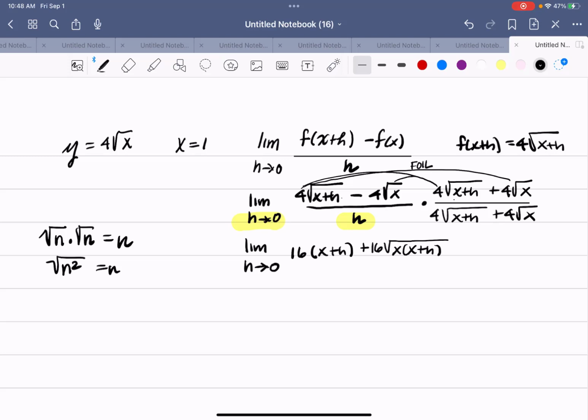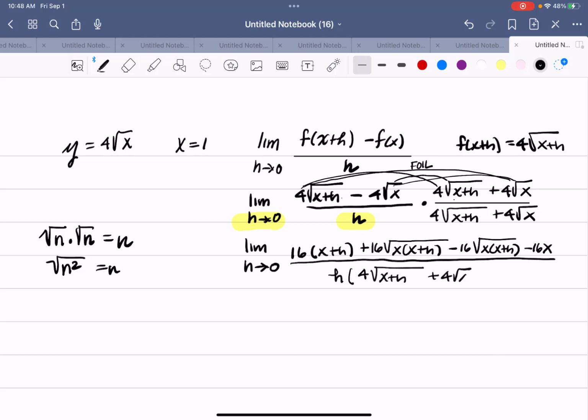I'm going to do the inner part, and look, that's going to be minus 16 square root of x times square root of x plus h. And then the last two are going to be minus 16x. And all of this is over this long stuff we have in the denominator, h times 4 square root of x plus h plus 4 square root of x.